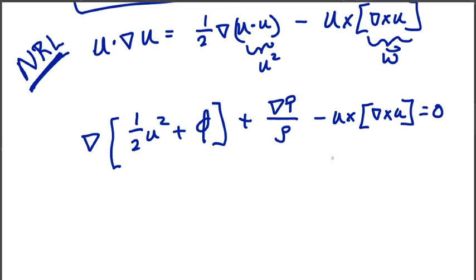Okay, clearly if we can get rid of this last term and maybe say something with the gradients, we have something that's starting to look an awful lot like Bernoulli's principle. And the question is, how do we make this last term disappear from the system? This nonlinear term that involves a combination of vorticities and cross products of flows.